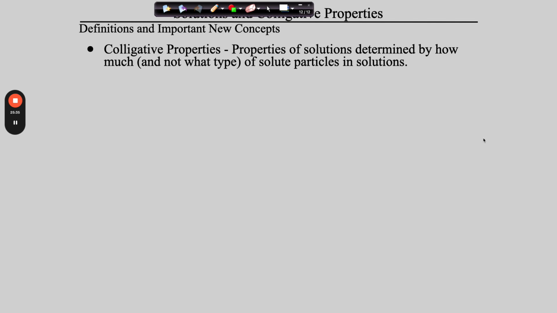It is a property of a solution that happens when we dissolve something in water, salt in water. Specifically, we are talking about what is called the boiling point elevation colligative property. Again, something to include in your notes. The boiling point elevation colligative property.